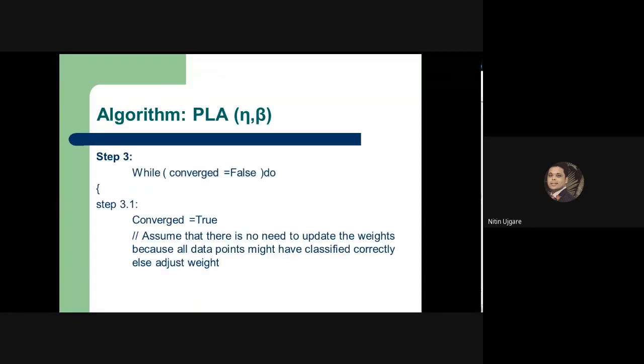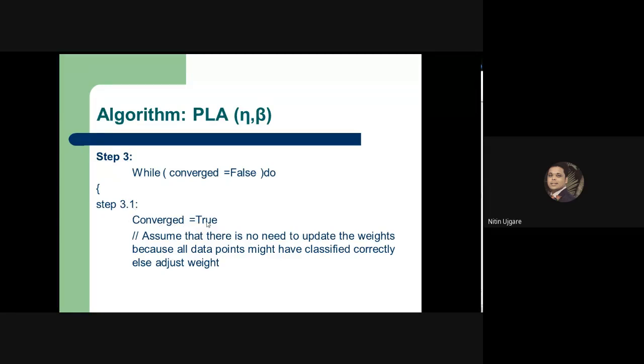Let's go to step 3. Use the while loop. While converge is equal to false, do these 2 steps in the bracket. Step 3.1 is, let's assume that there is no need to update the weights because all the data points might have been classified correctly. Otherwise, adjust the weight. To adjust the weight, we need to change the value of this Boolean variable converge.